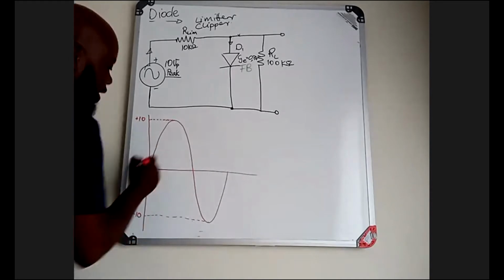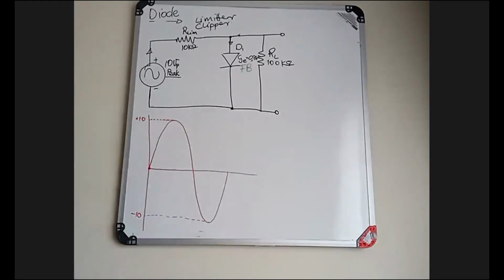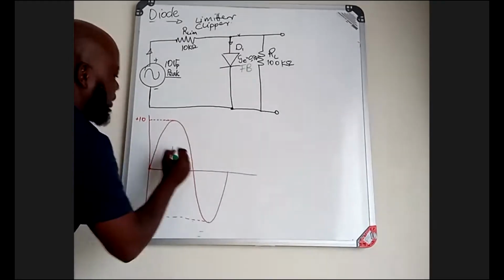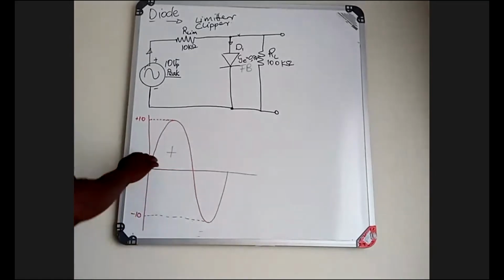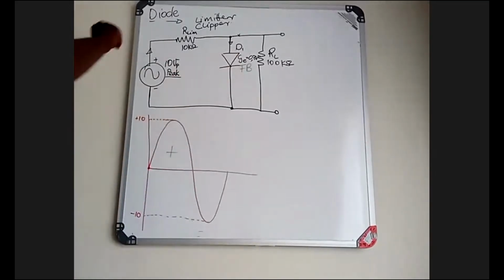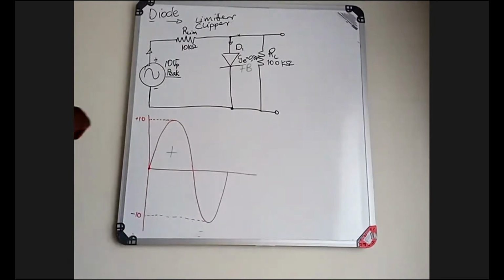During the positive cycle, I will get this component to move from its original state into a forward bias mode.